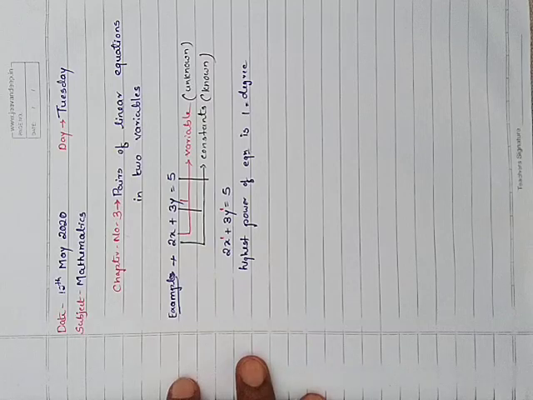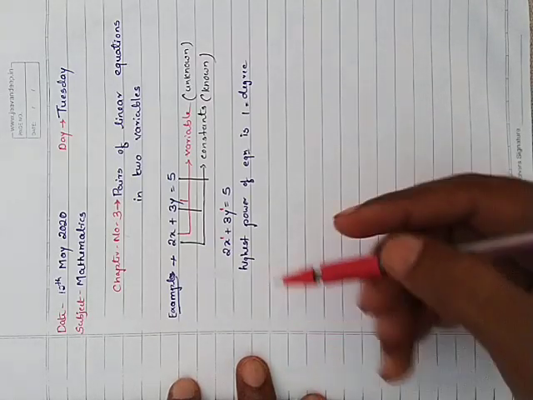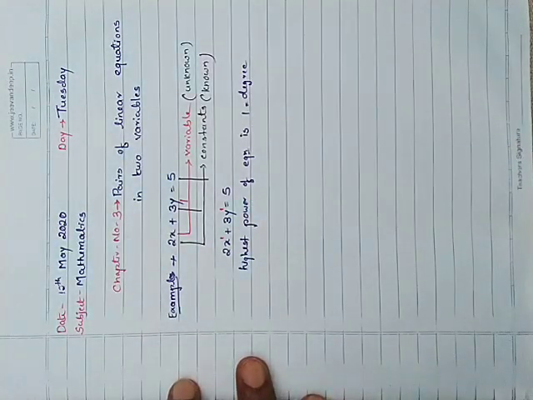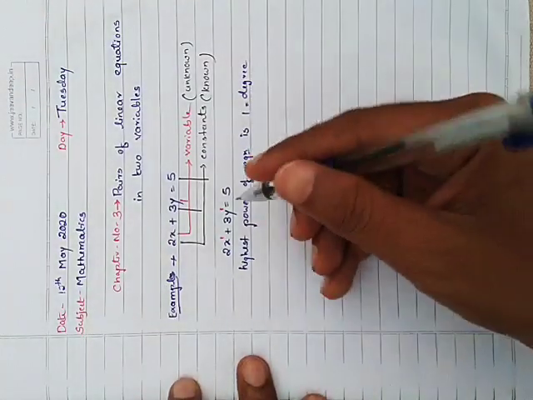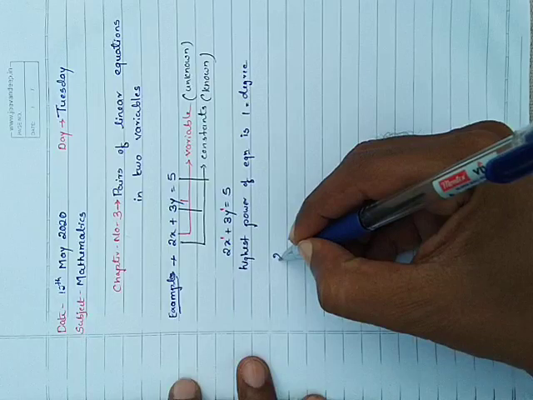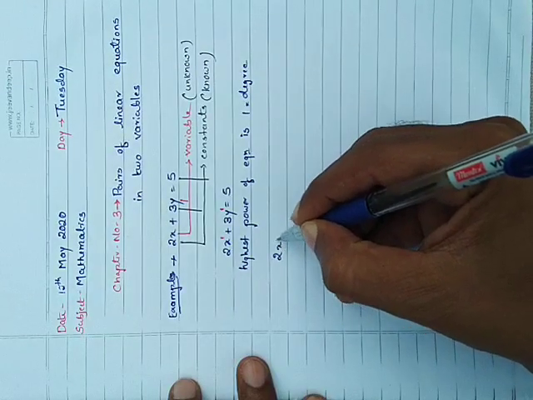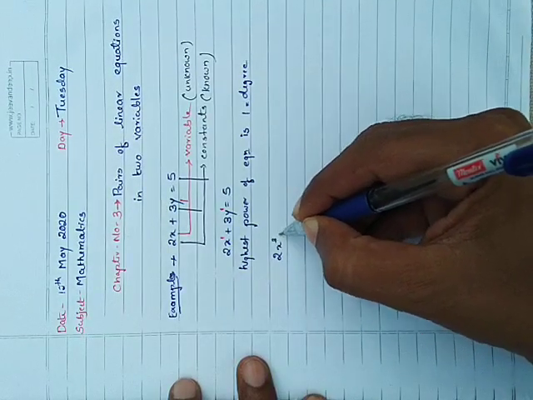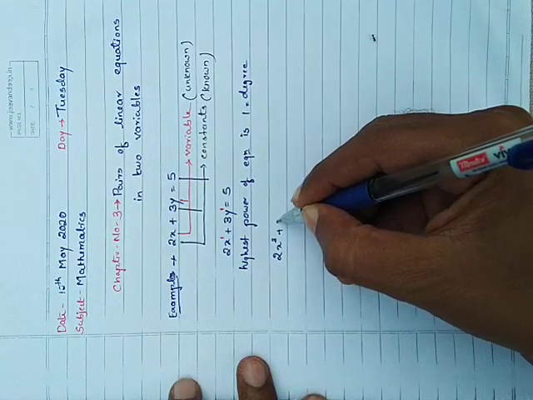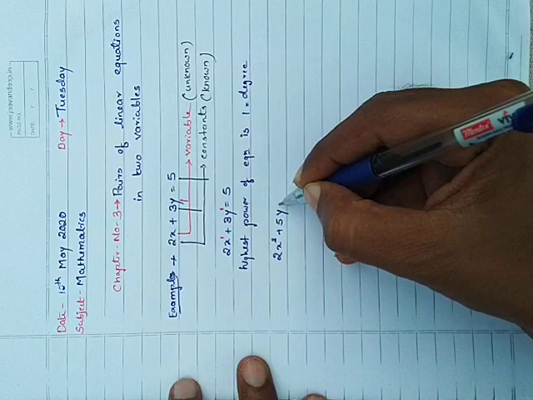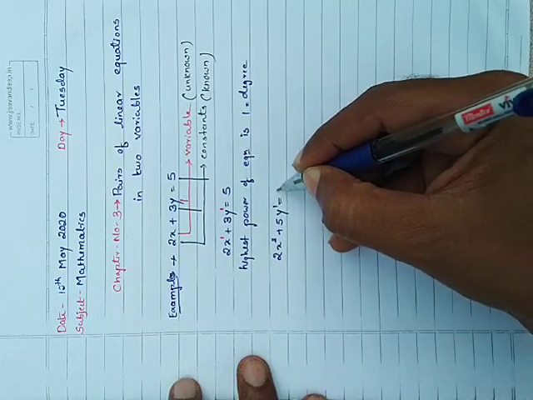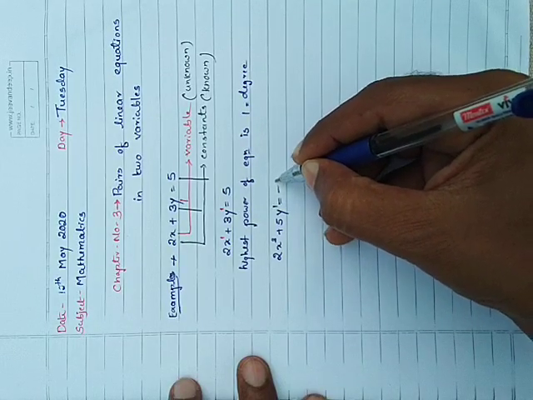One more example I'll write to show that it is not a linear equation. That is 2x to the power 3 plus 5y to the power 1 is equals to minus 6.